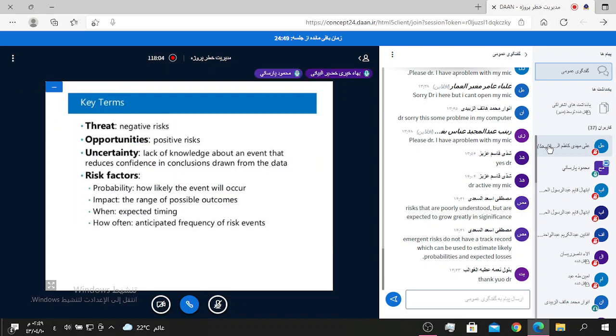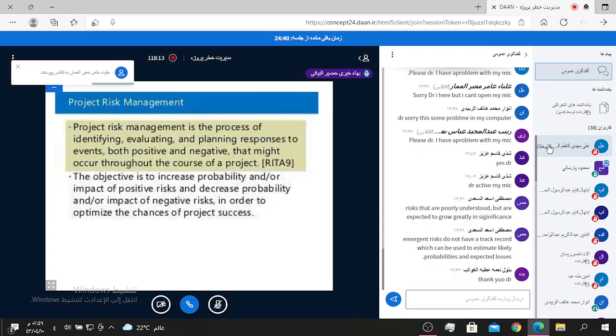Sorry, Doctor. Okay, Mahmoud. In the definition of project risk management, we deal with positive risks, both of them. Why deal with positive risk? We need just negative risk. No, because there are some opportunities during the construction or completion of that project. If we don't deal with positive risk, these opportunities will be omitted from our project.